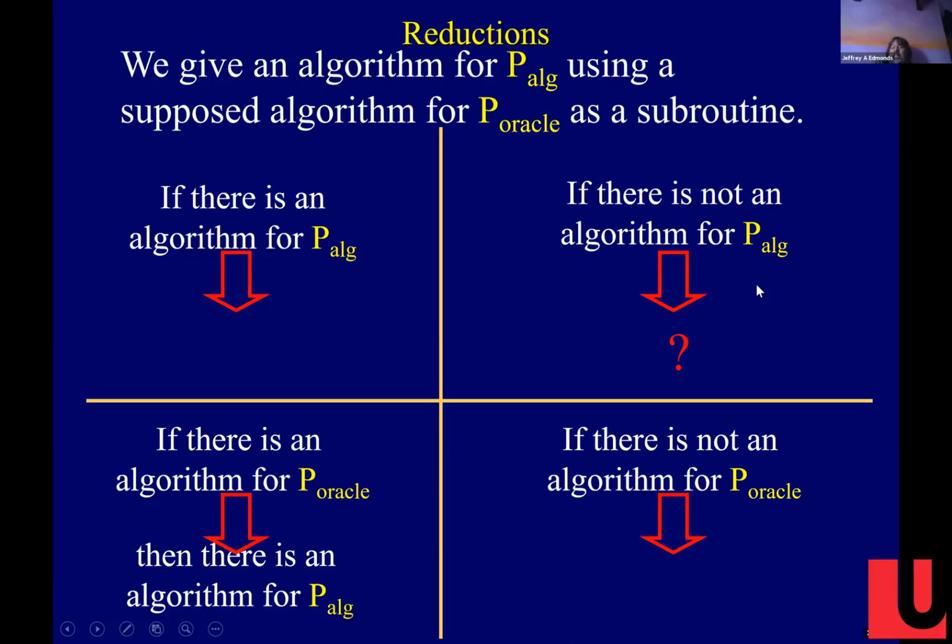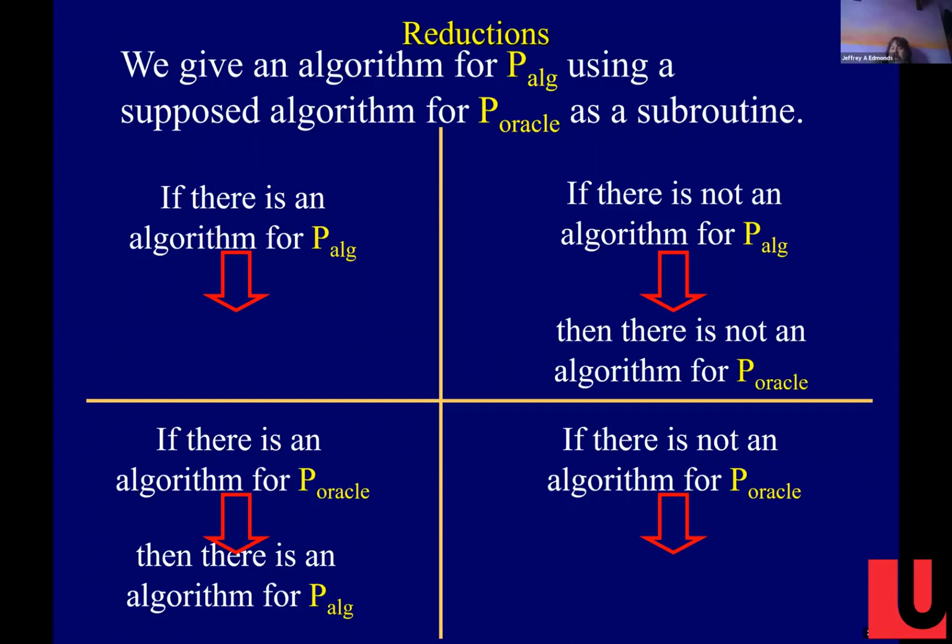On the other hand, suppose the contrapositive: if there's not an algorithm for the algorithm problem, then there's not an algorithm for the oracle problem. Those are the things that we're proving. What about this over here? Suppose that there is an algorithm for the algorithm problem. Does that prove anything about the oracle problem?